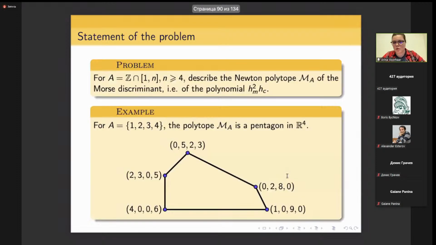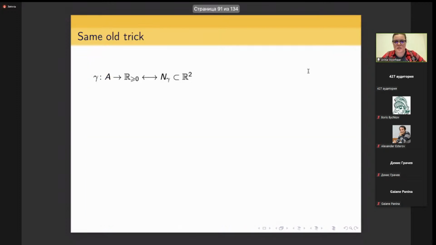If you want me to describe the support function of this polytope, which I call the Morse polytope, a slight abuse of notation, then of course I would use the same old trick as we did before.